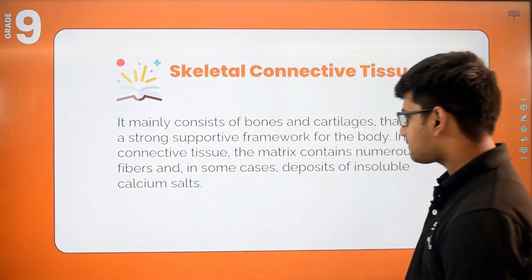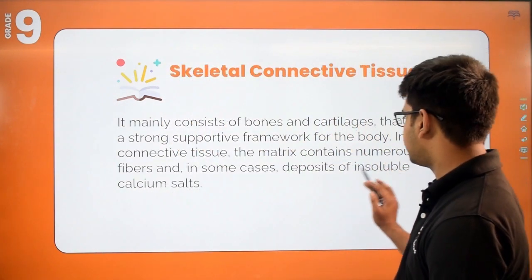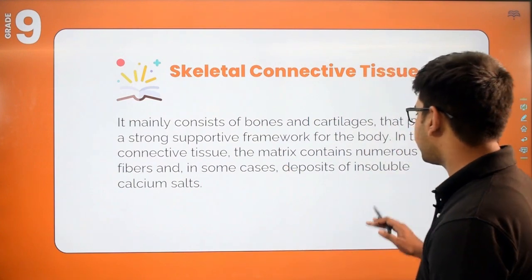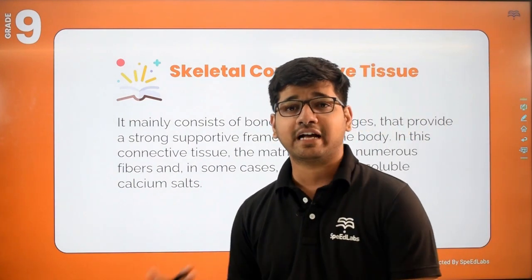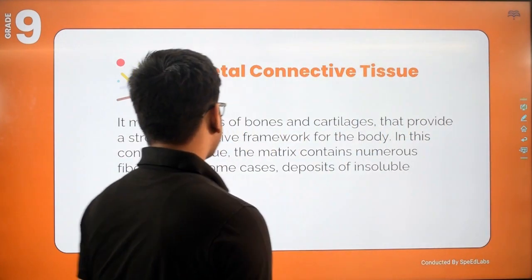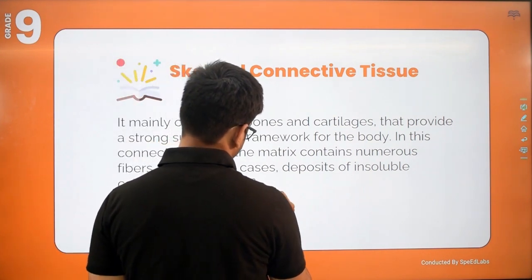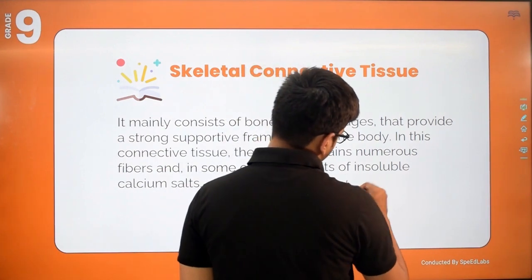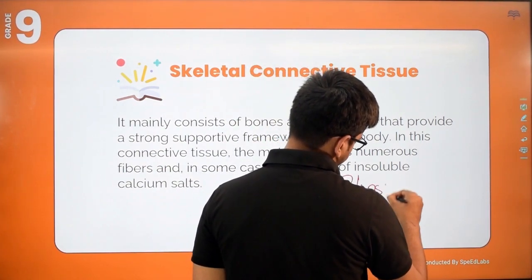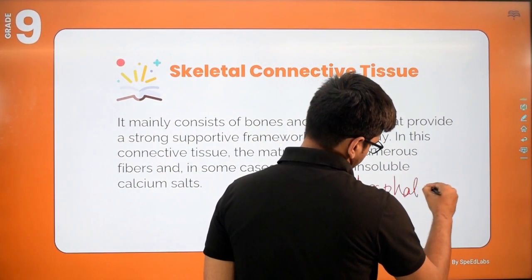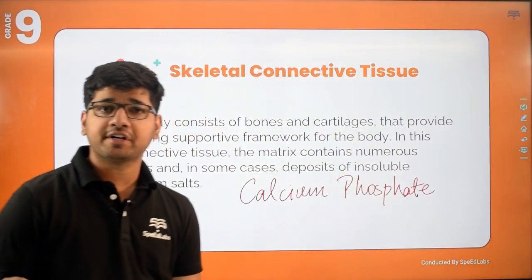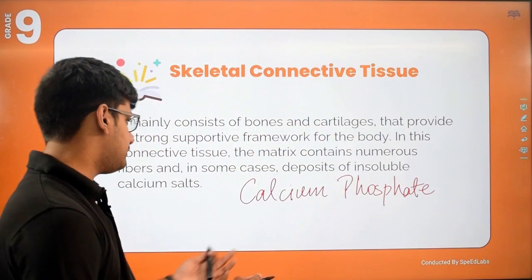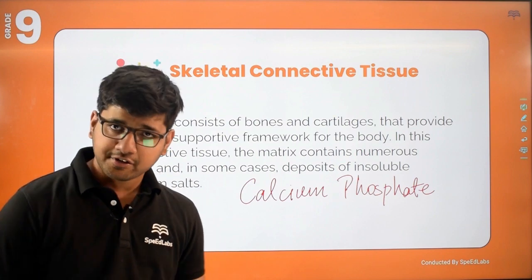All right. In this connective tissue, the matrix contains numerous fibers and in some cases deposits of soluble calcium salts. To be specific, calcium phosphate. It is the chief component of any, we can say, skeletal muscle.